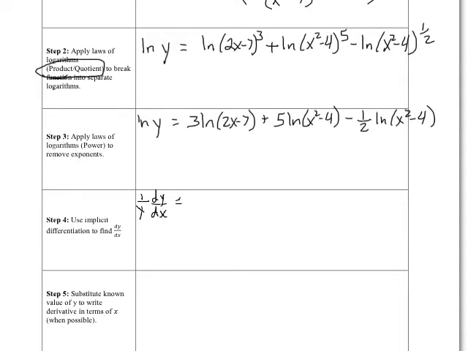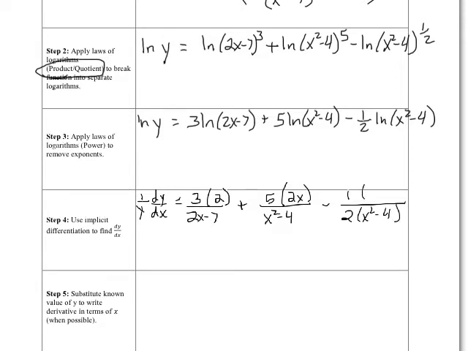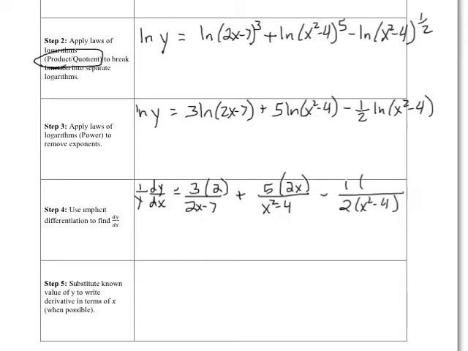The derivative of the right will be 3 over (2x minus 7) times 2 plus 5 over (x squared minus 4) times 2x minus 1/2 over (x squared minus 4) times 2x.